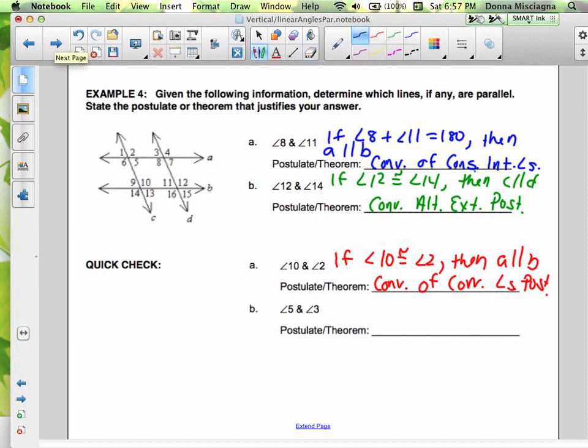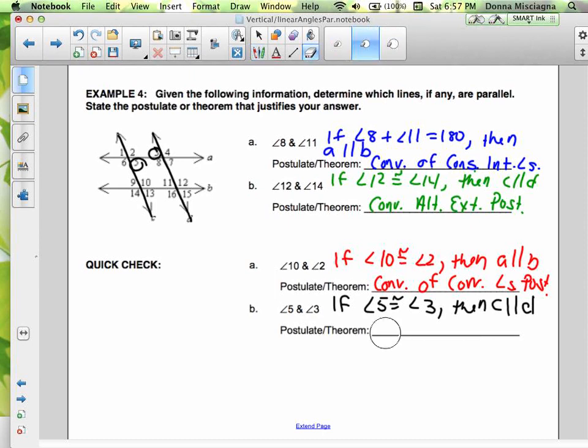5 and 3. So here they are. All right, notice they are between these two lines, opposite sides of line A. So if angle 5 is congruent to angle 3, then the lines that they're in between, line C, would have to be parallel to line D. Those are alternate interior angles.